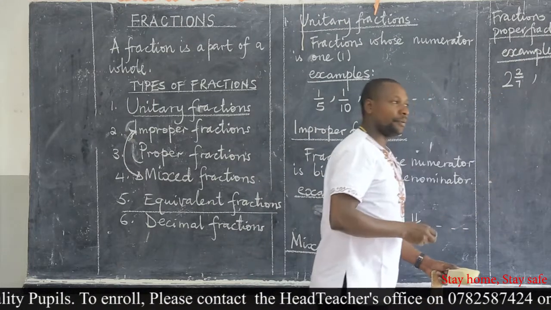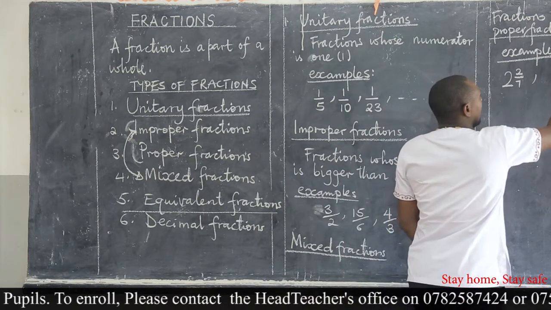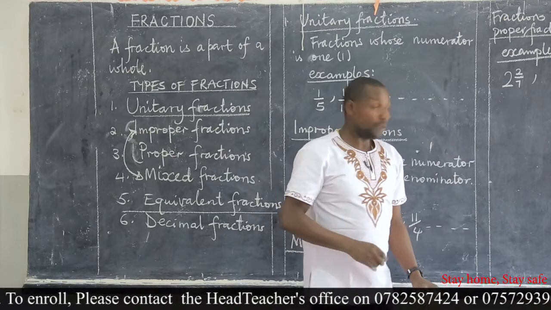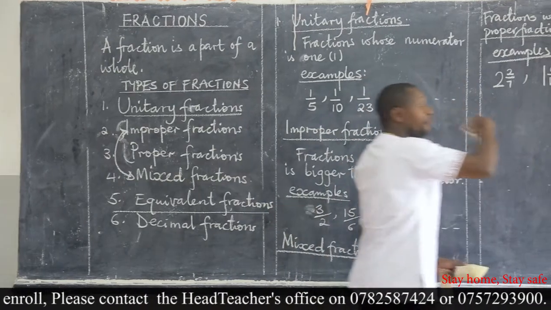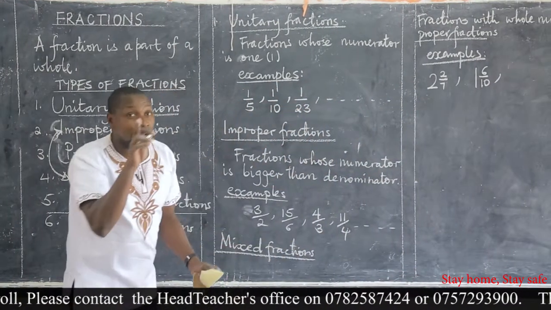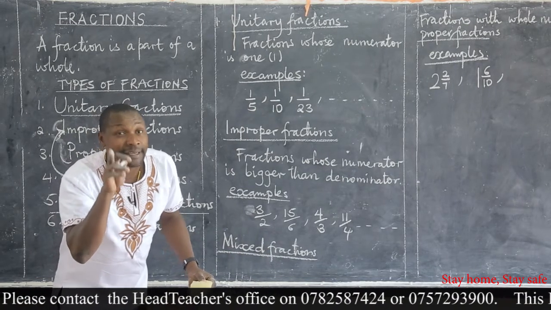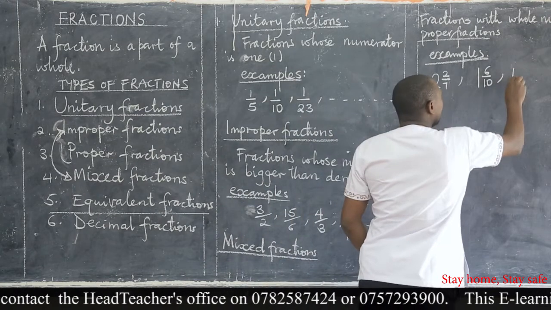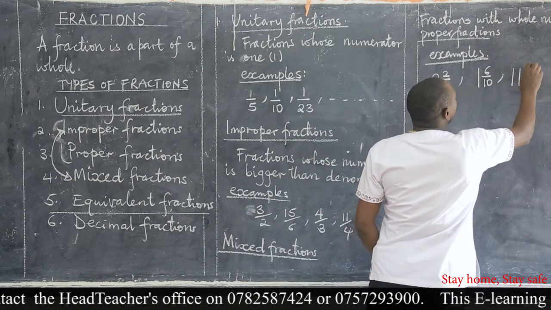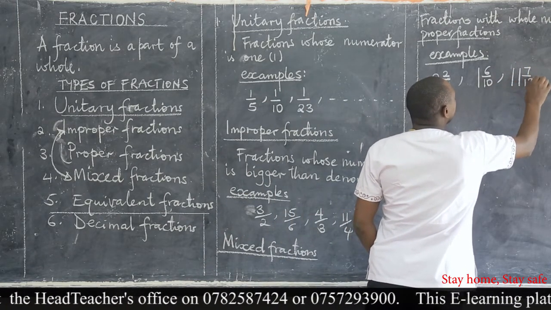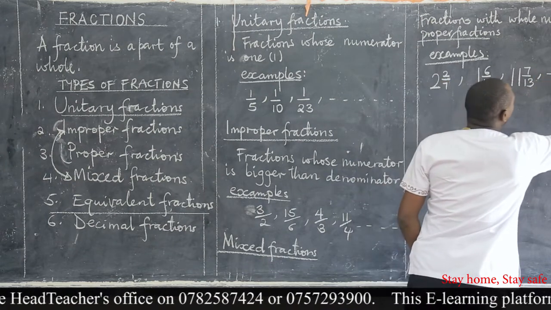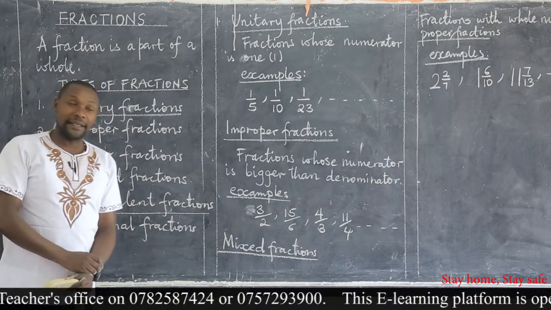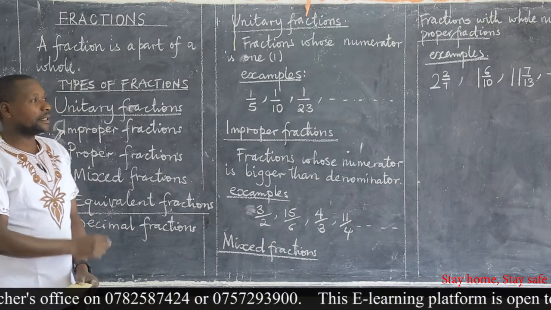Give me another example. Somebody is saying a whole number and 6 tenths. Very correct. Give me more. We want a mixed fraction whereby there is a whole number and a proper fraction, not improper, but proper. Somebody is saying, teacher, I have 11 whole numbers and 7 out of 13. Correct. Please, I know you can give me as many examples as you can.